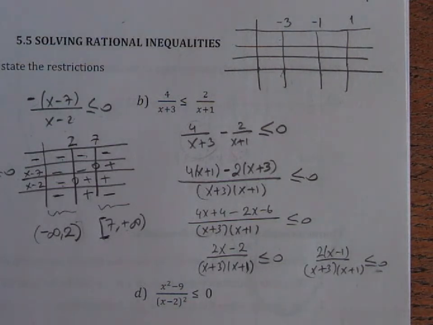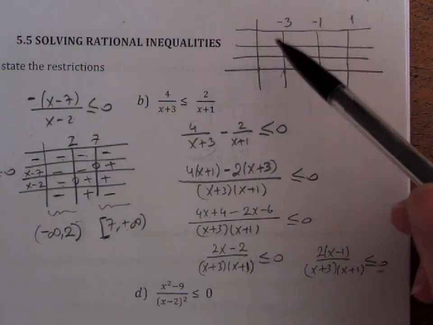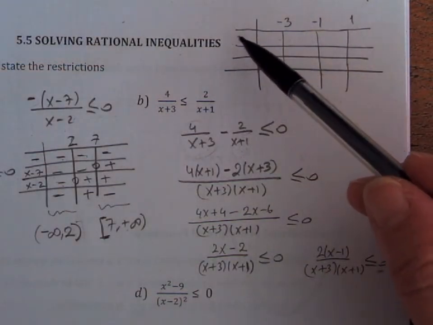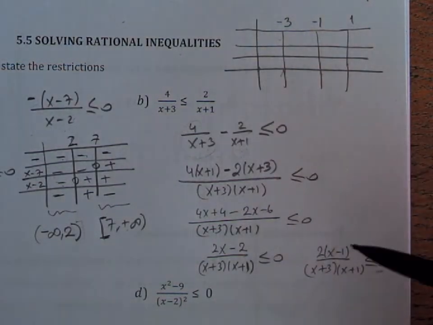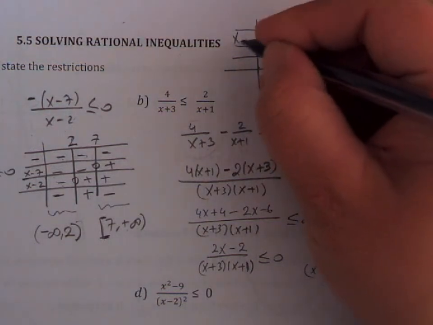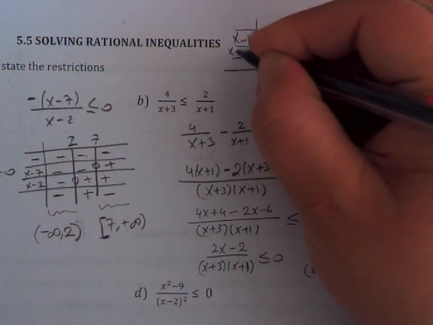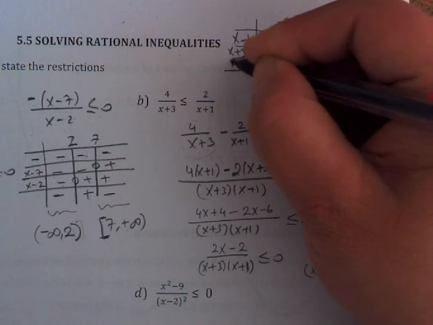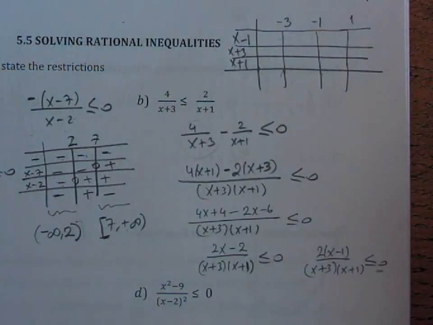So the sign of the number does not change if you multiply it by a positive number. So that is the reason I don't need to put that factor in the factor table. Okay? So I can just take x minus 1, x plus 3, x plus 1.